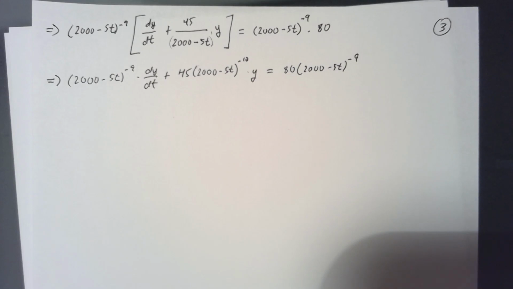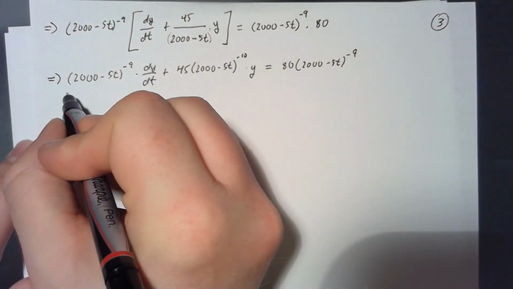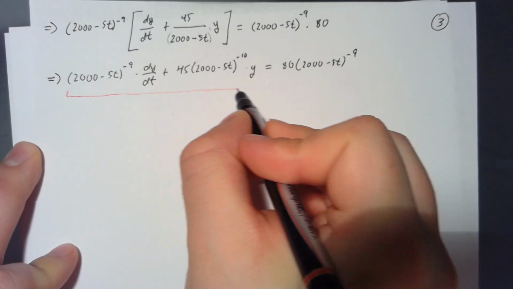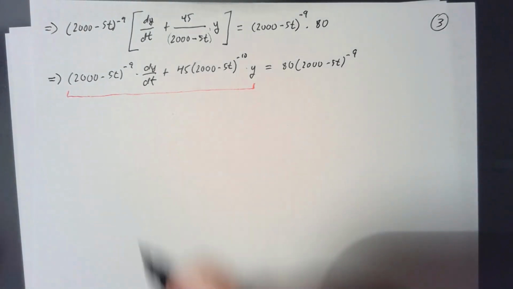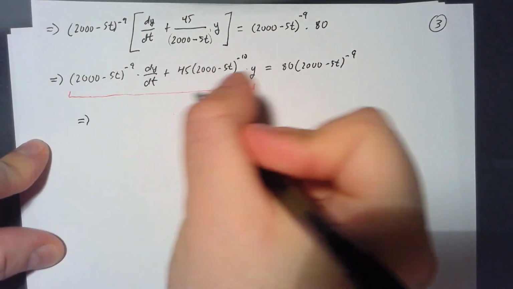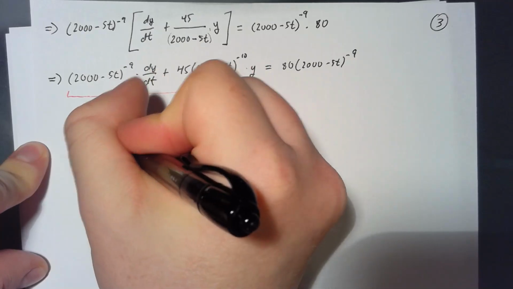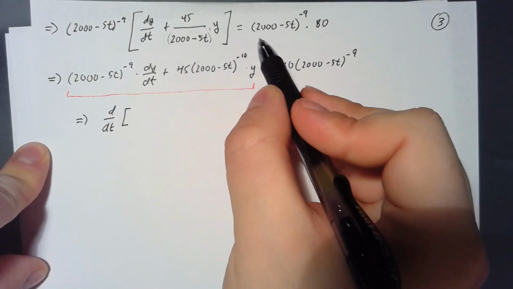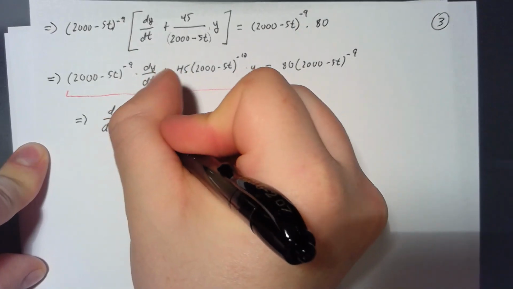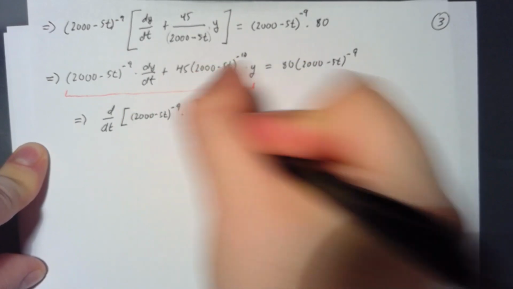Okay, so what's the magic here? Remember, what's the left side supposed to be when you multiply it by the integrating factor? It's supposed to be the product rule. So that's d/dt of the integrating factor, which was this, and y.